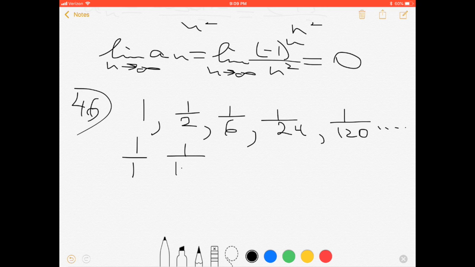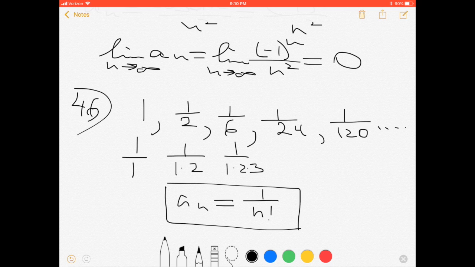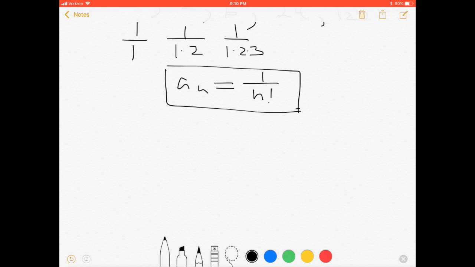Here is 1 over 1 times 2. Then 1 times 2 times 3. I think we can see what it is. This means a_n is 1 over n factorial. 4 factorial gives us 24. 5 factorial gives us 120. This means it works. We found our formula.